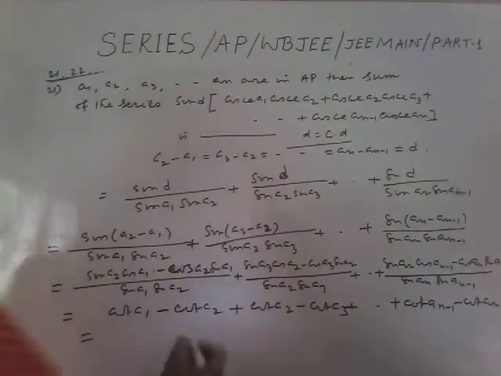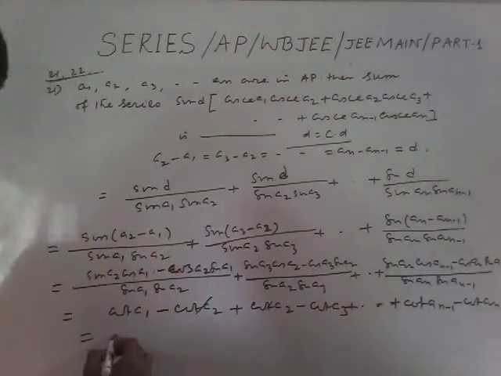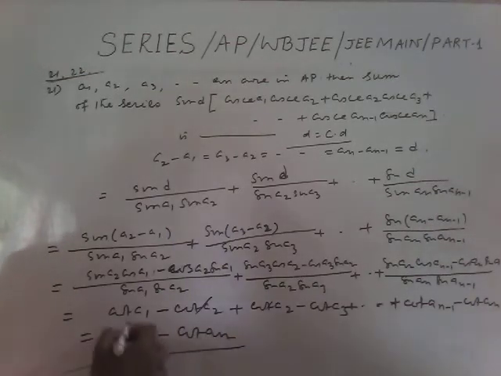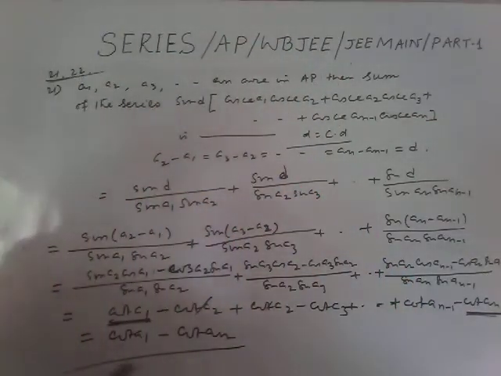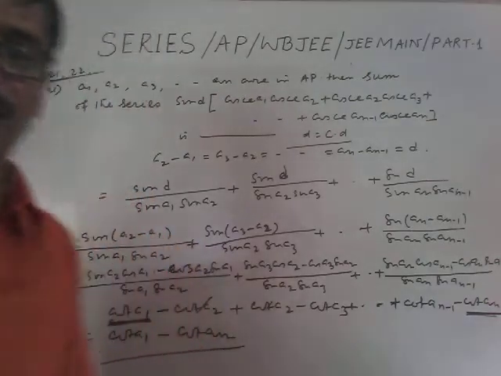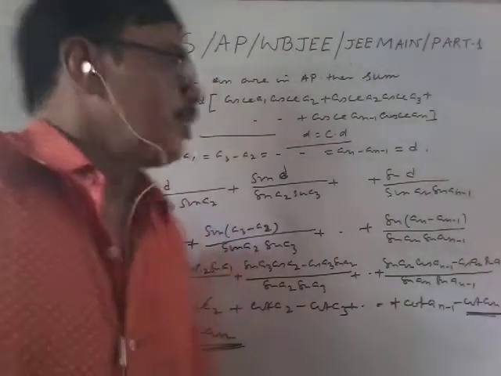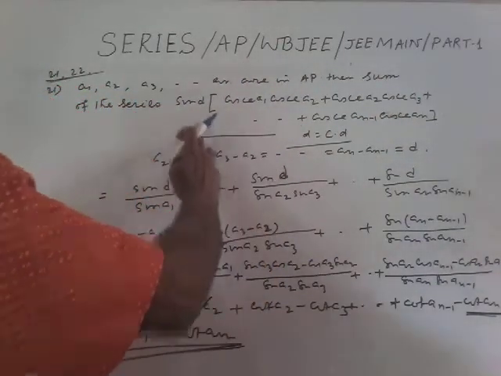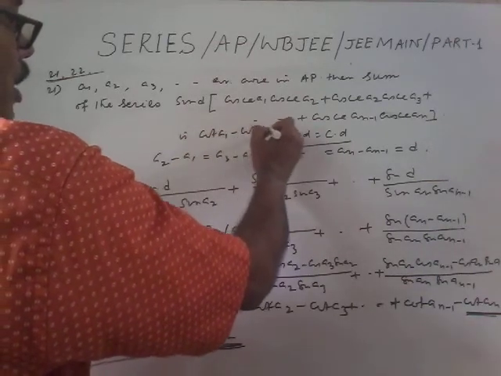So look, there are so many terms here; the a2, a3 terms cancel, so we are left with two terms only, cot a1 - cot an, because cot a1 is a single term, cot an is a single term, and the rest of the terms will be cancelled out. So what is the value? cot a1 - cot an. So if a1, a2, ..., an are in AP, then what is the sum of the series? The answer is cot a1 - cot an.